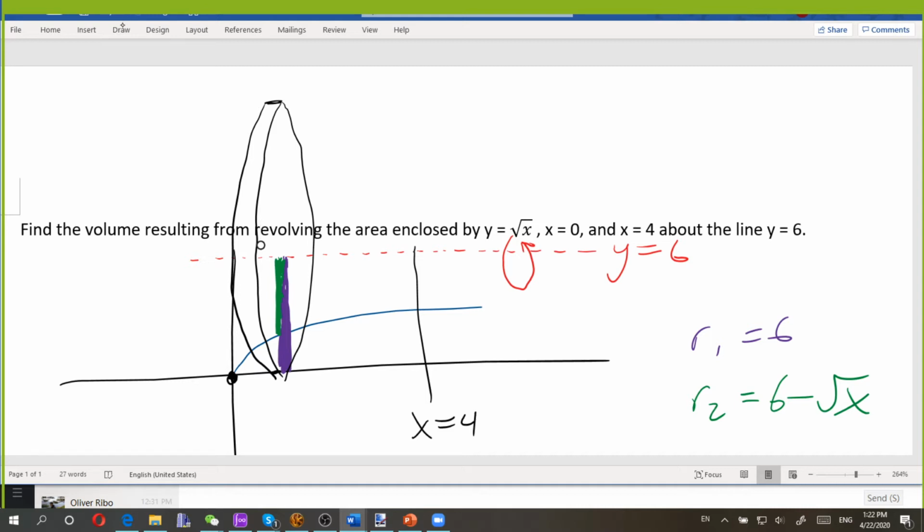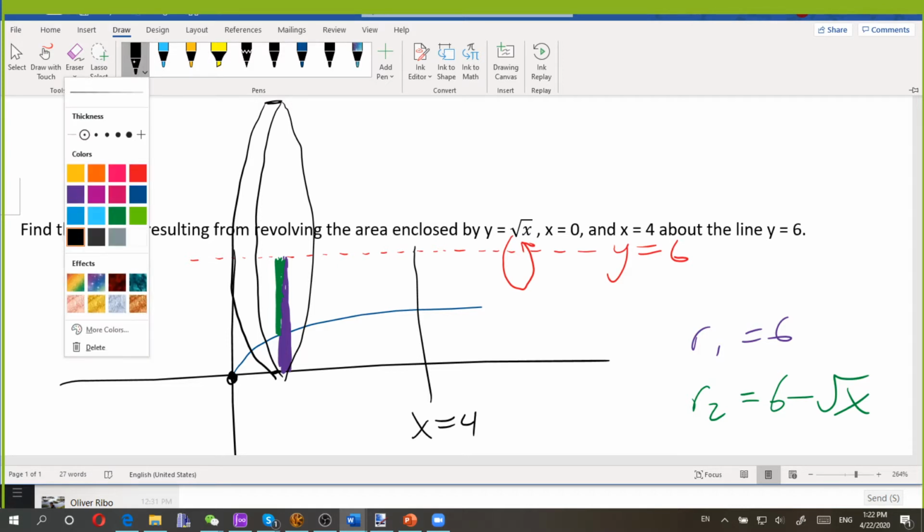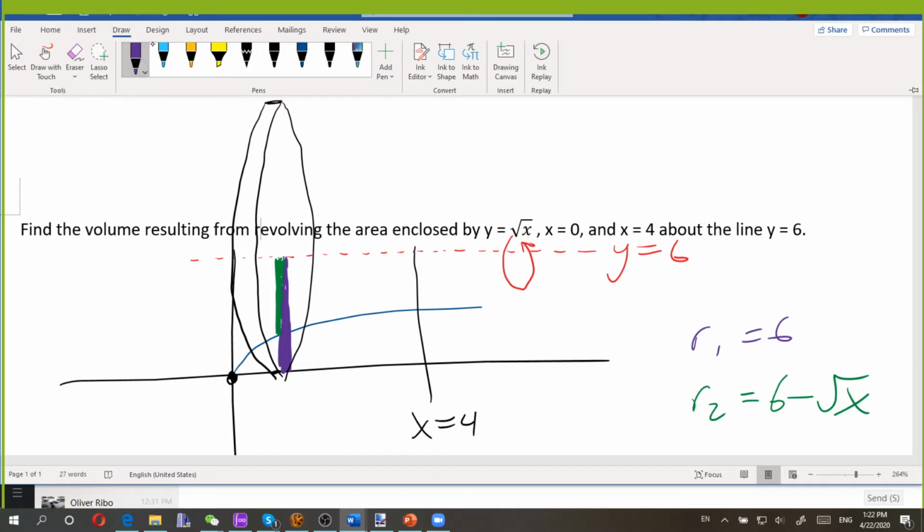Okay, so I'm going to take this purple radius and spin this about our axis of rotation to create a massive disk here in yellow. So maybe I'll just keep this purple here in purple.